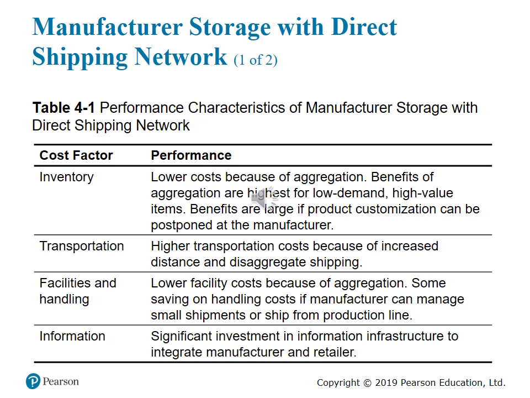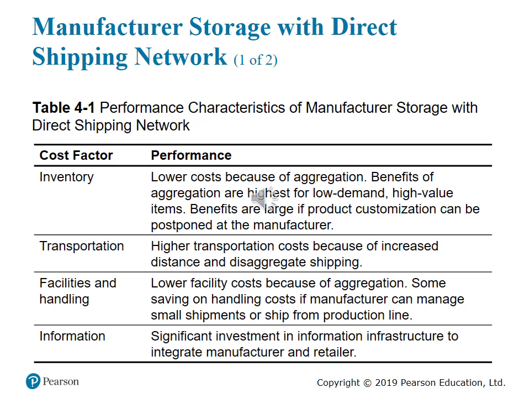Benefits are large if product customization can be postponed at the manufacturer. So the benefits will be very large if we can postpone the customization, so what customers actually need in terms of handling the different characteristics of the product.